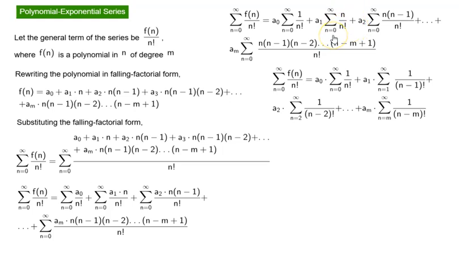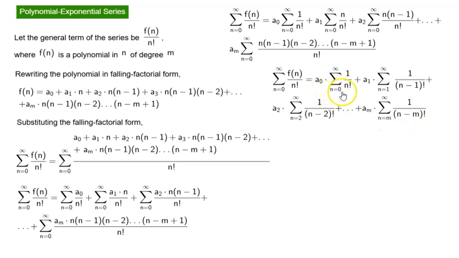That means n and n cancel out, and we are left with 1 by n minus 1 factorial. Similarly for the rest of the terms. So this will become 1 by n minus 2 factorial. And finally, the mth term will become a sub m times the series 1 by n minus m factorial.